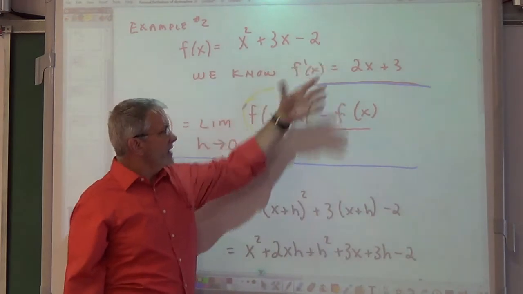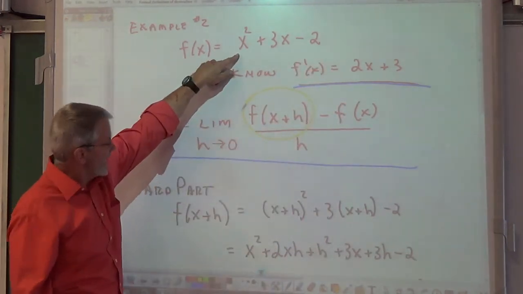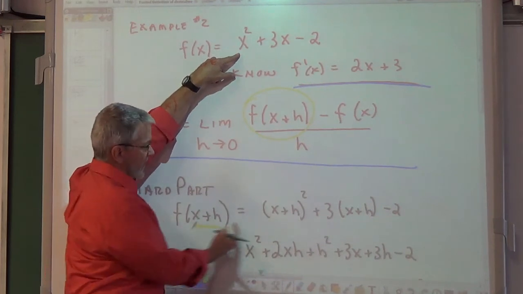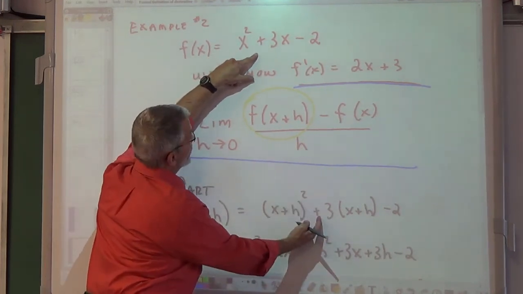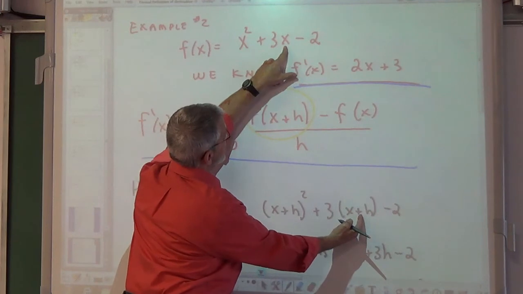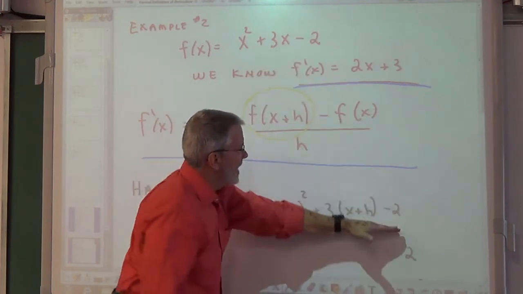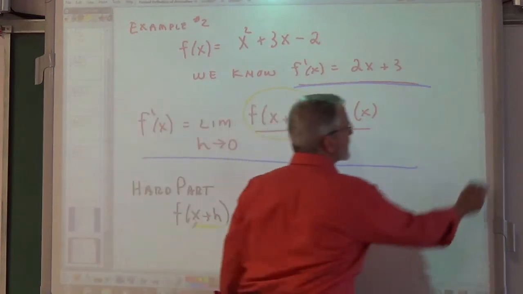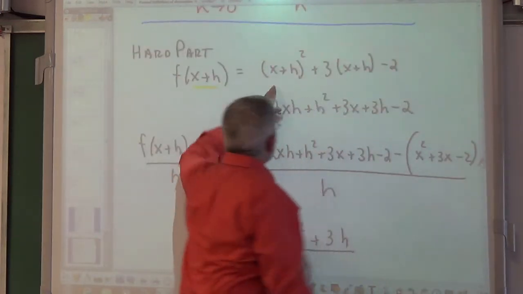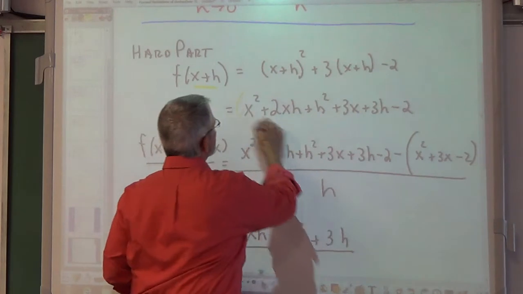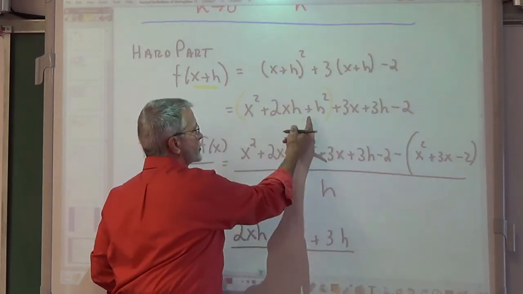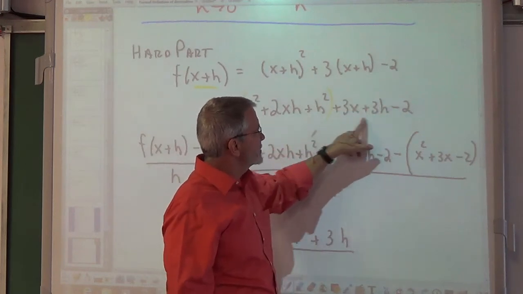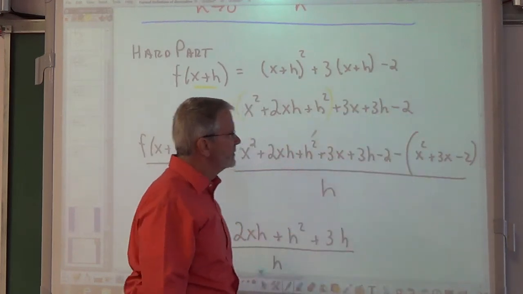So here's my function, and what am I going to do? Wherever I see x, I'm going to put in x plus h. So I have x plus h squared plus 3 times x plus h minus 2. And I'm going to simplify this f of x plus h. I know that x plus h squared is x squared plus 2xh plus h squared. 3 times x plus h is 3x plus 3h minus 2.